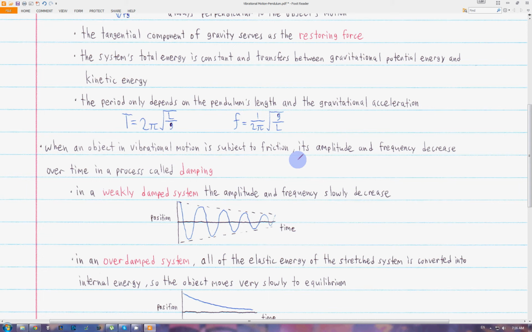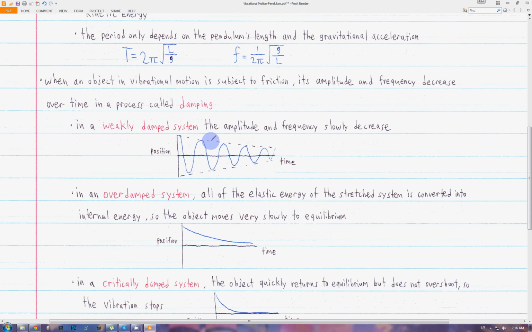And this process is called damping. So based on the amount of friction in the system, there are 3 basic types of damped systems. The first is a weakly damped system. So this is the most mild, where the amplitude and frequency just slowly decrease with time.